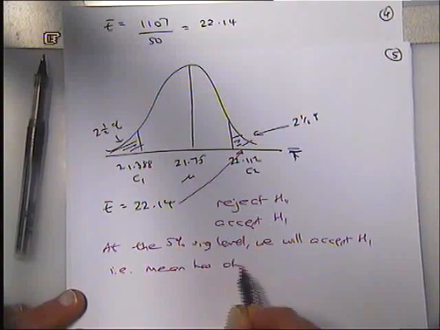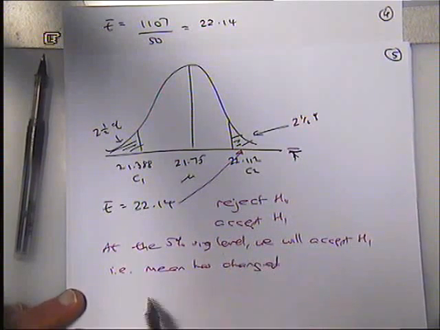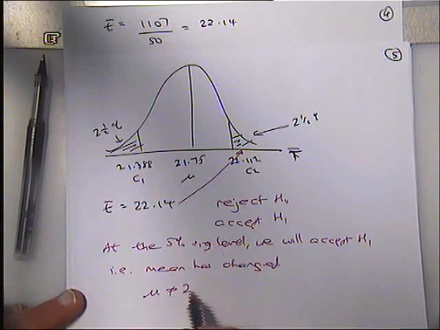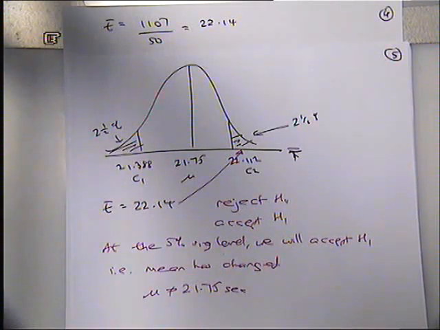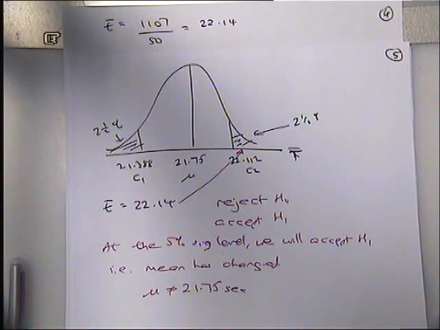The mean has changed, which means mu is no longer equal to 21.75 seconds. Now that might be a good thing, or it might be a bad thing. It depends whether a time increasing is a good thing in our study or a bad thing. But that's the conclusion that we've reached about our lab rats in a new environment.